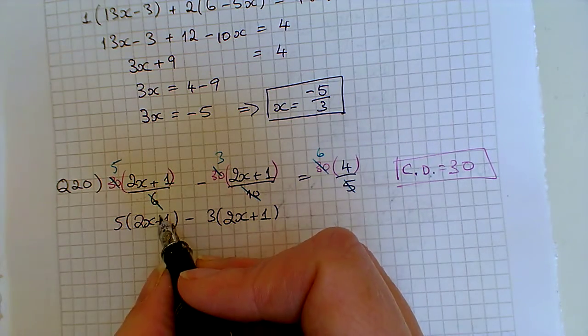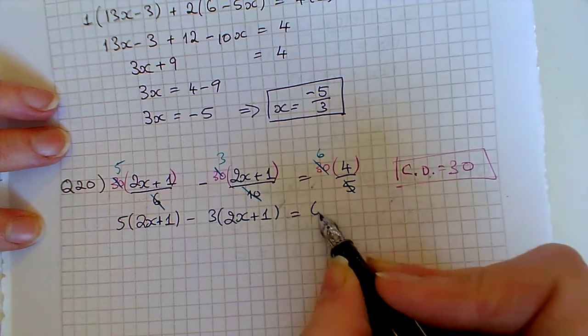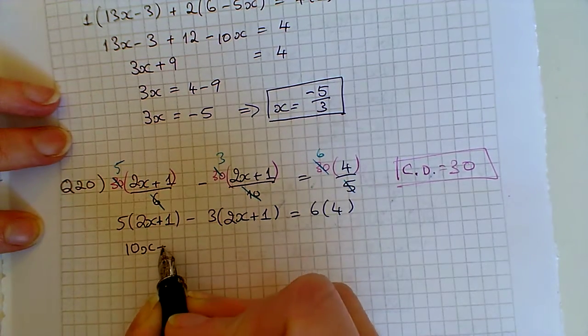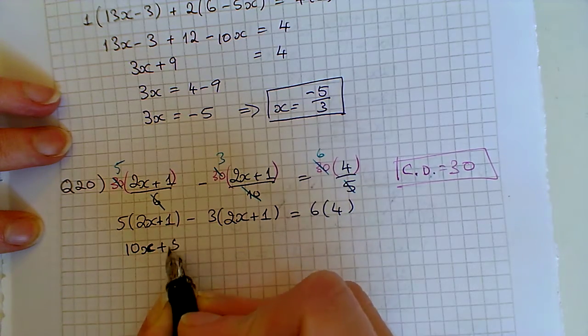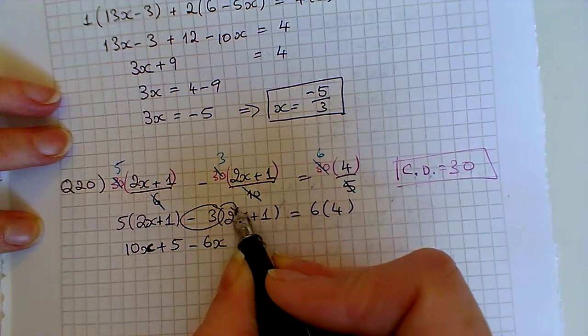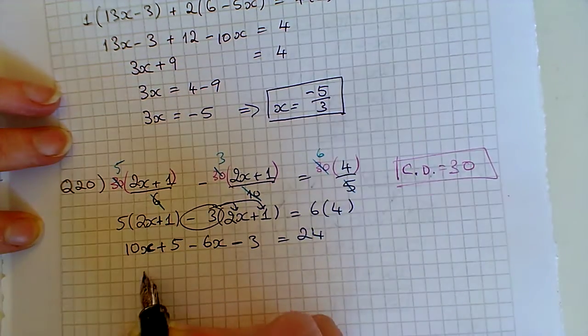And this one should have been plus as well. Oh, I wrote down minus. Equals 6 by 4. 5 by 2x is 10x. 10x plus 5 minus 6x. Don't forget that minus multiplies both of them. Minus 3 equals 24.